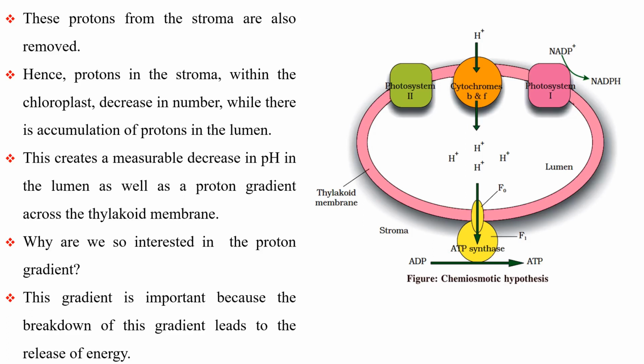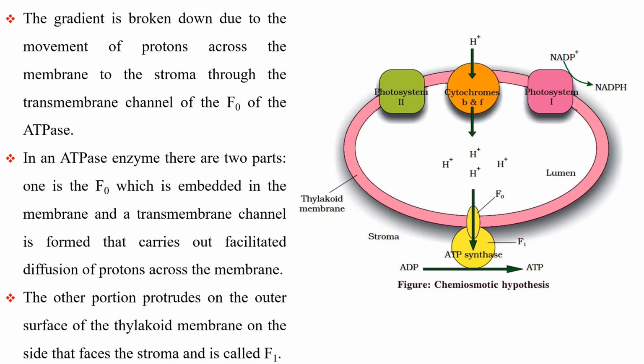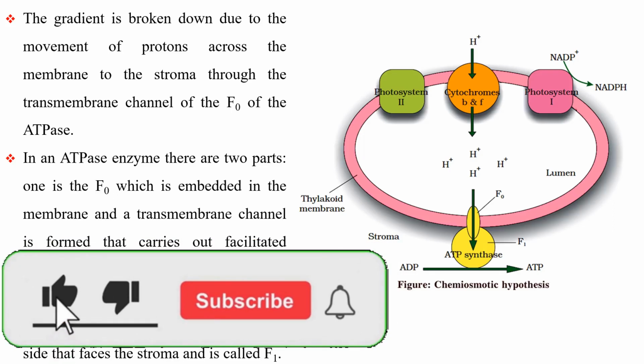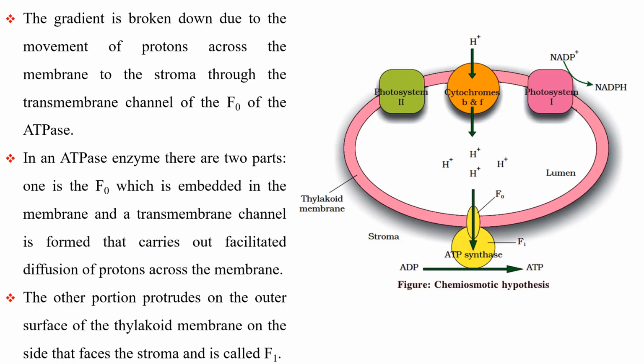Why are we so interested in the proton gradient? This gradient is important because the breakdown of this gradient leads to the release of energy. The gradient is broken down due to the movement of protons across the membrane to the stroma through the transmembrane channel of the F0 of the ATPase.